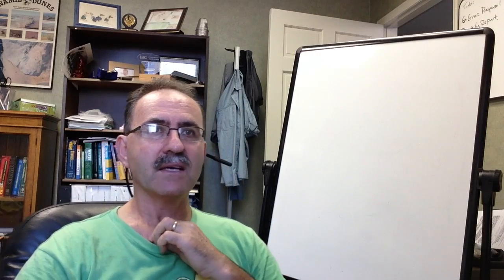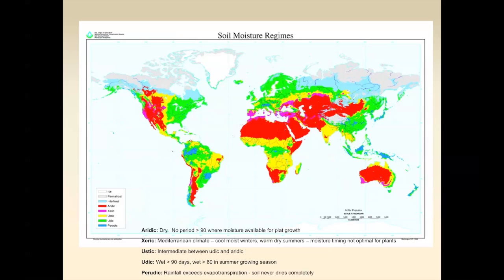What you find is a few soil moisture regimes over here. We're going to look at these main ones, but you've got aridic soils, and these are going to be in our part of the world mainly out west, where for 90 days of the year there's not enough moisture available for plant growth.